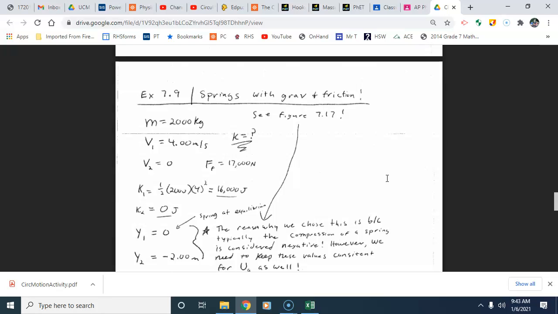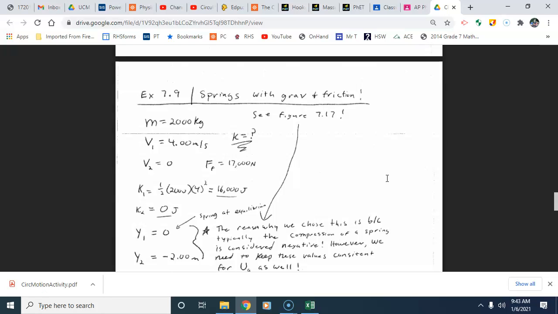All right. So it does tell me the cables are broken, and it's falling at 4 meters per second when it comes into contact with the springs at the bottom of the shaft. So the moment it touches the springs, notice it has point 1 and point 2 in their diagram, right? So position 1 we're going to use because they already identify where position 1 should be. You see that?